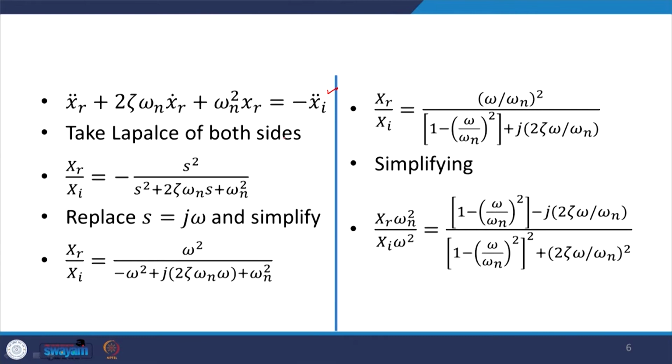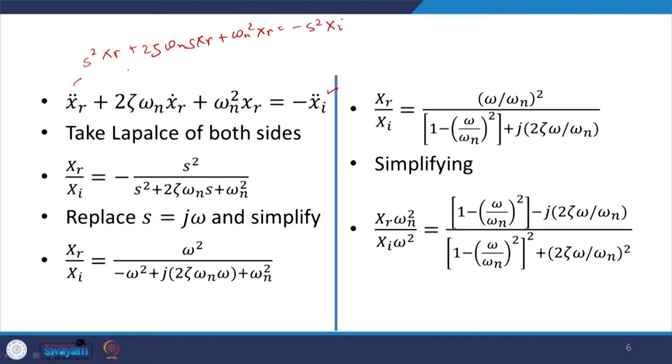Okay. So, this is how I am assuming my relative displacement to be. Now, let us take a look at the equation again. So, this is the equation which we derived in the last sheet. If I take the Laplace of both the sides, then what we get over here is basically s square Xr, plus 2 zeta omega n s Xr plus omega n square Xr is equal to minus s square Xi. Okay.